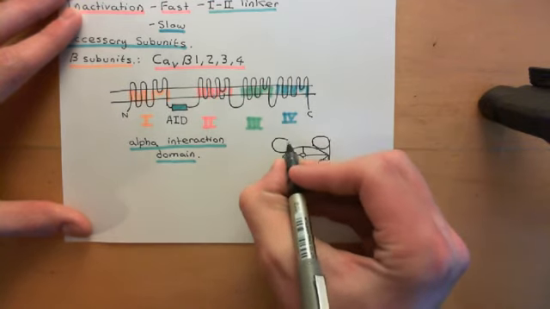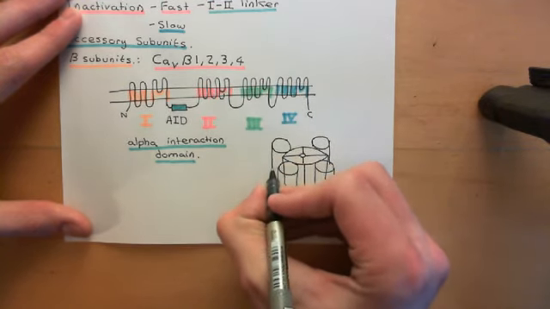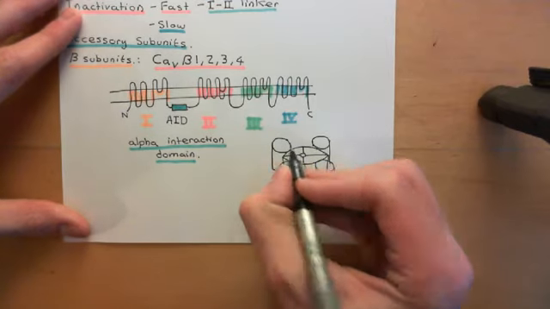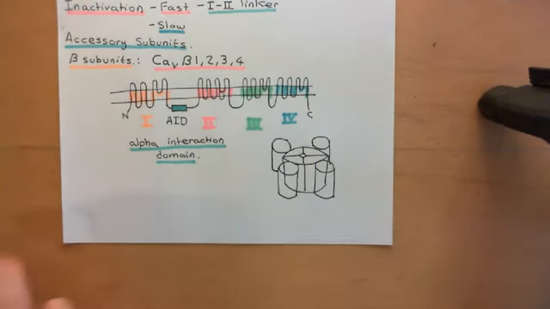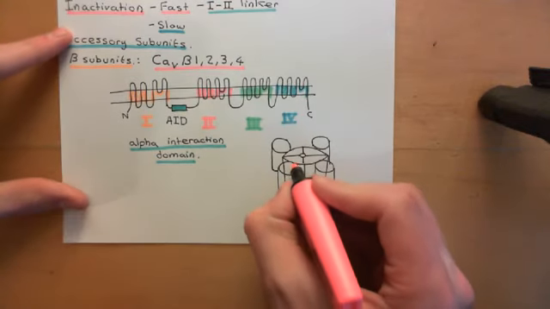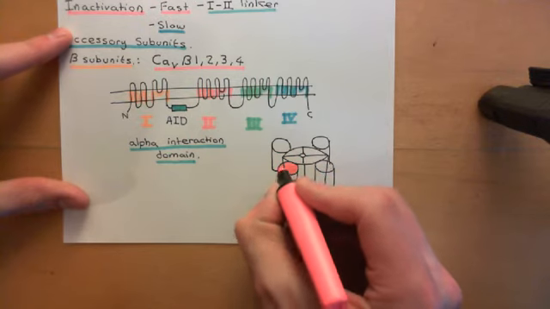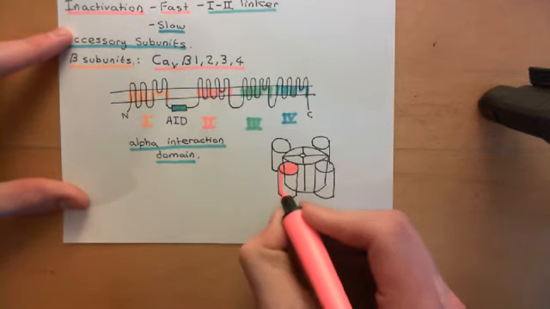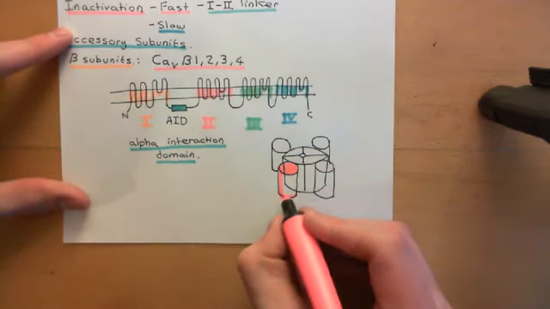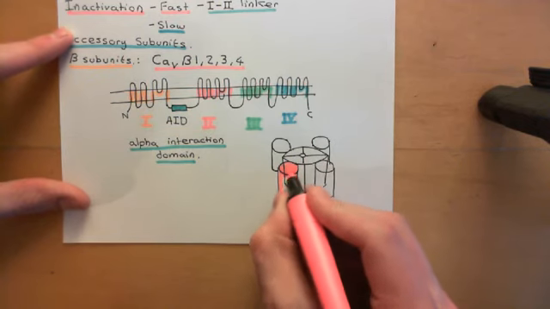So I'll just colour this in firstly, and then I'll try and add on to this picture the alpha interaction domain, and then I'll put on the beta subunit of the voltage-gated calcium channel. Okay, right, so let's firstly colour in a few of these domains. Oh, and I should have tried to colour code it with this, but I've forgotten the colour coding there.